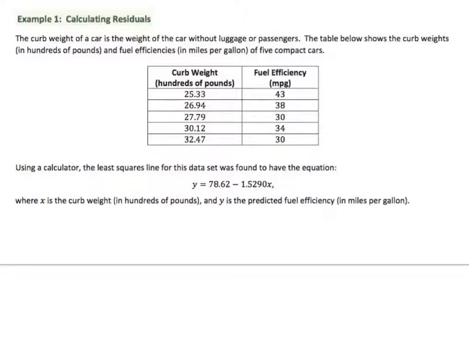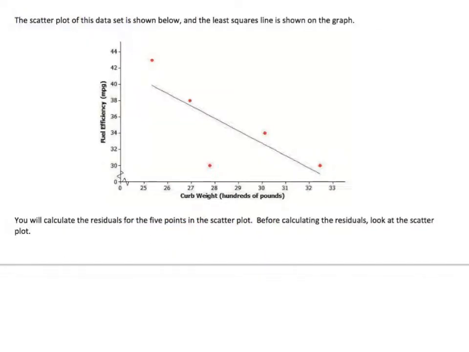Using a calculator, the least squares line for this data set was found to have the equation given, where x is the curb weight in hundreds of pounds and y is the predicted fuel efficiency in miles per gallon. The scatter plot of the data is shown, and the least squares line is shown on the graph. You'll calculate the residuals for the 5 points in the scatter plot.